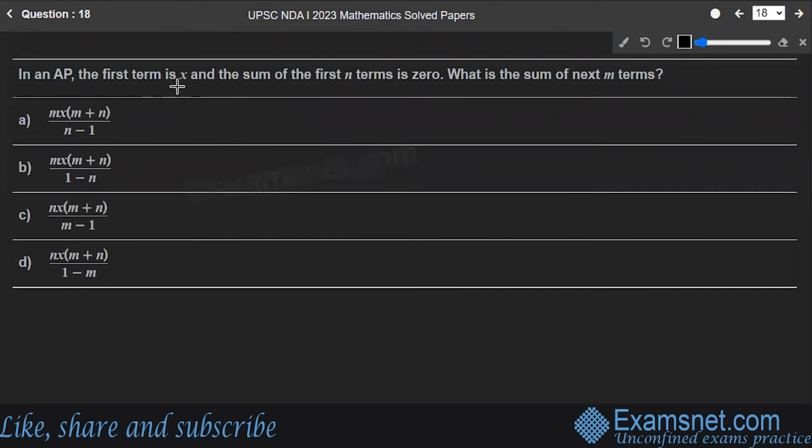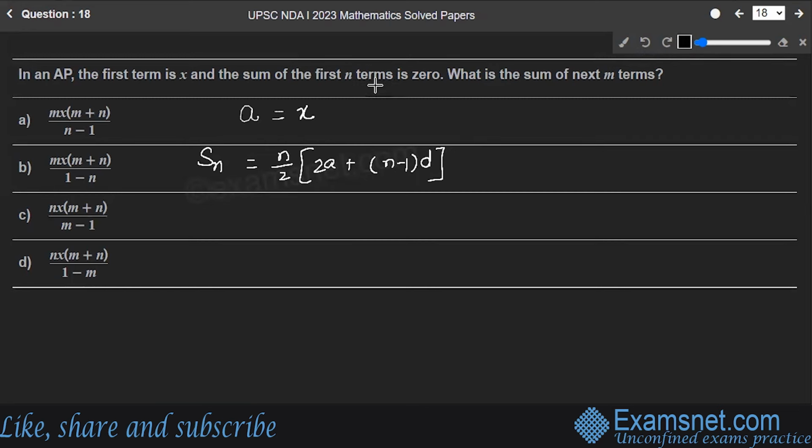Next is question number 18. In an AP, the first term is x. Sum of n terms is 0. What is the sum of next m terms? AP, arithmetic progression. The first term, that is a, is given to you as x. The formula for the sum of n terms is given by n by 2 into 2a plus n minus 1 into d.